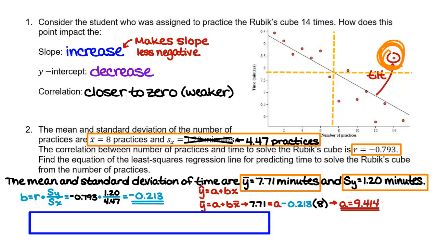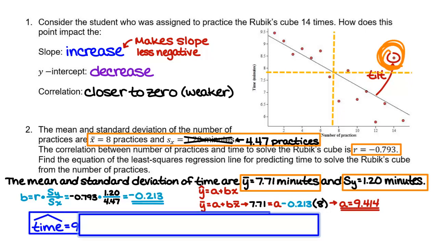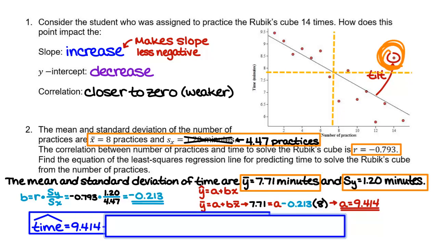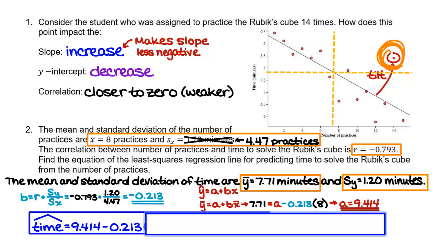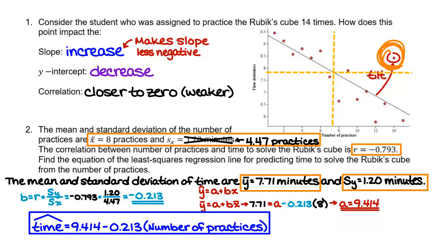Time, or you could say minutes. I would take either one. So either time hat or minutes hat equals 9.414 minus 0.213 times what? What is our x variable? Number of practices. Yep. Nice job.